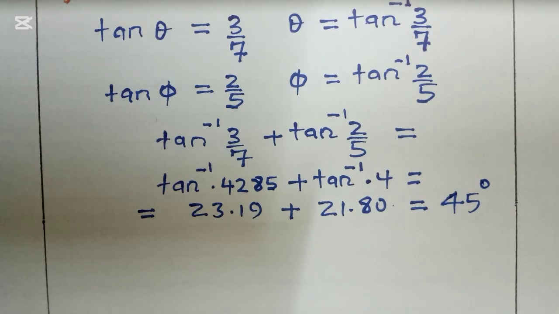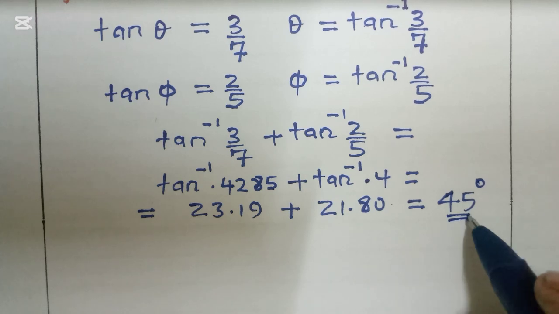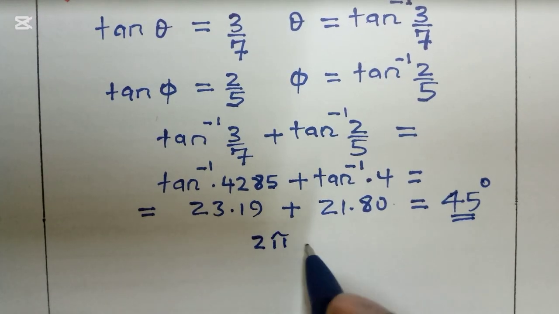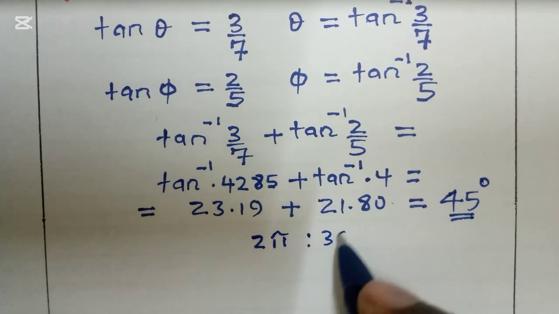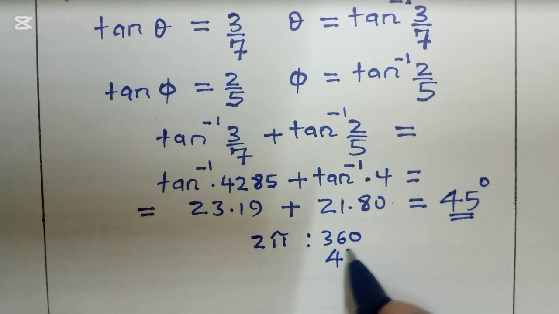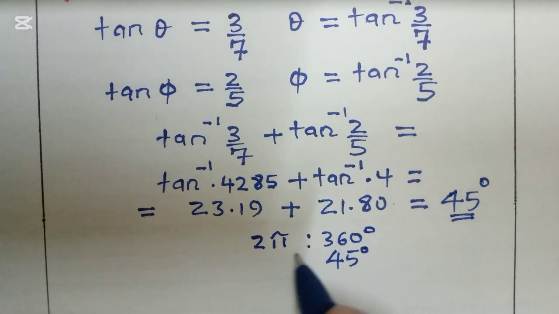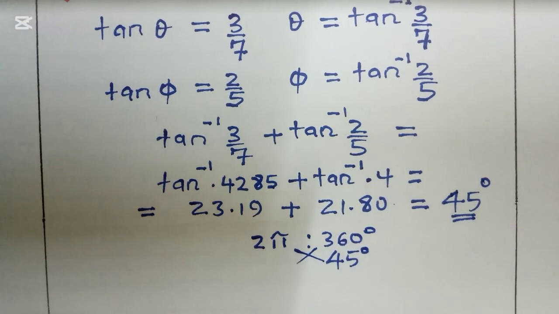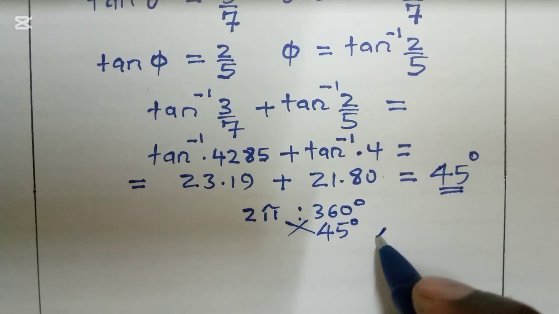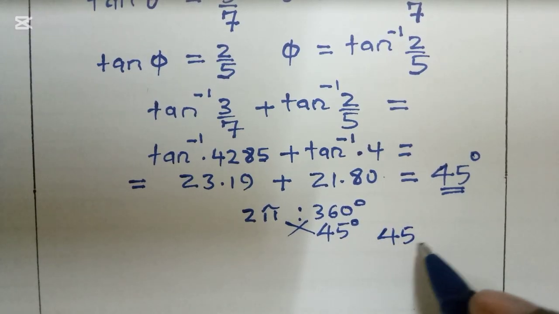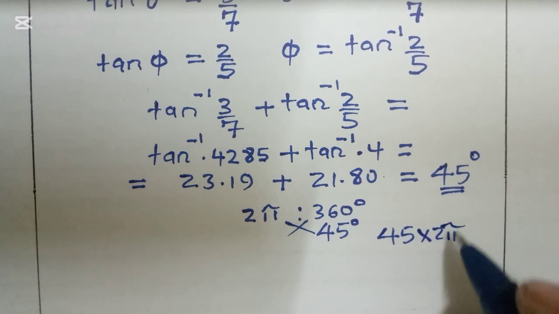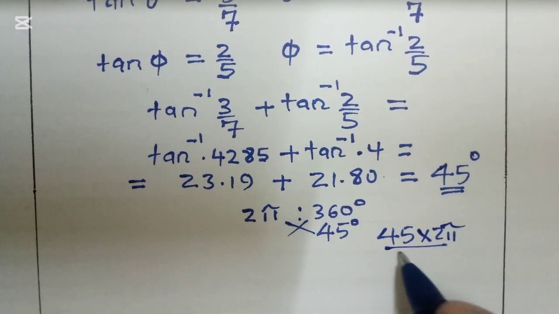For those who may not understand, we usually say that 2 pi gives us 360 degrees. So to convert 45 degrees, we cross multiply, so that we have 45 multiplied by 2 pi all over 360.